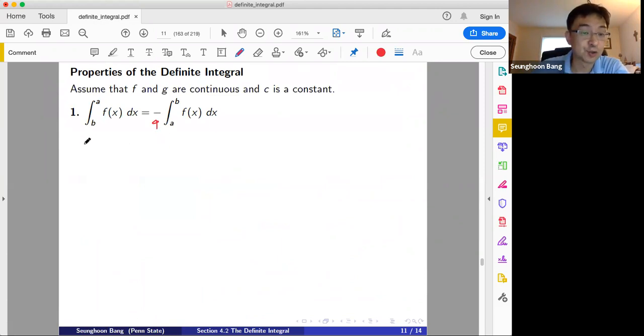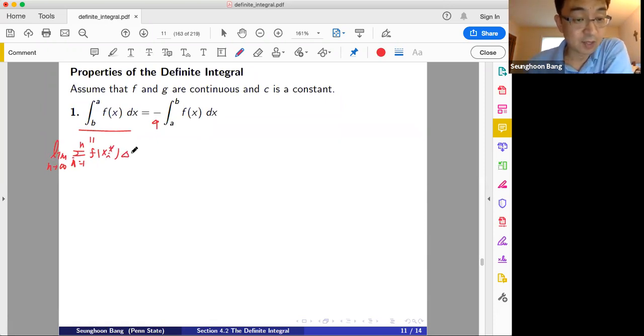So why is this true? I want to explain this property. This one is the limit as n approaches infinity of the summation i equals 1 to n of f of xi star, where xi star is a sample point, times delta x.